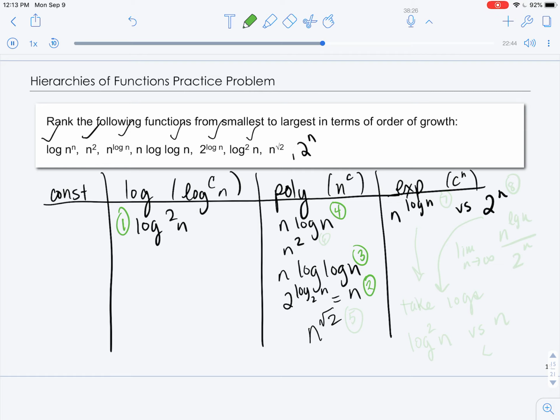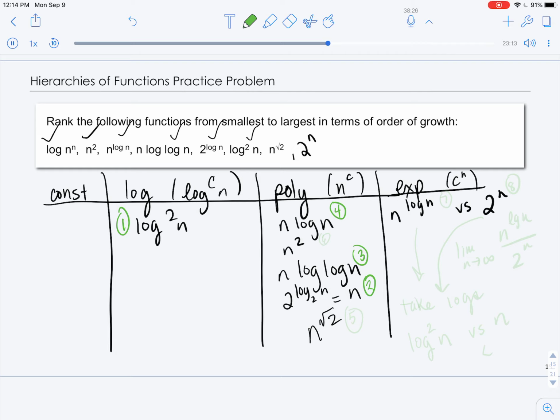And you might be wondering, how do I know that n log n is going to be growing slower than, say, n to the square root of 2? And we can apply the limit rules for that, because once you apply the limit rules, you would have a logarithmic function over a polynomial function.